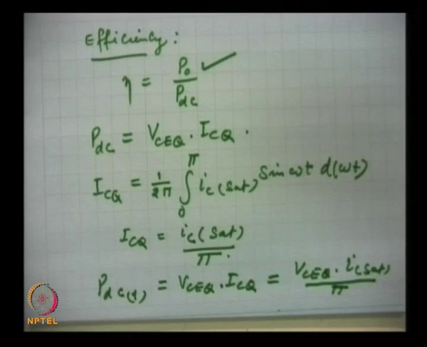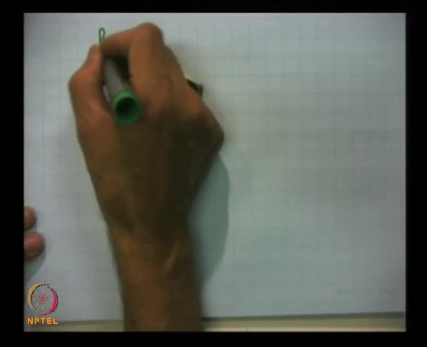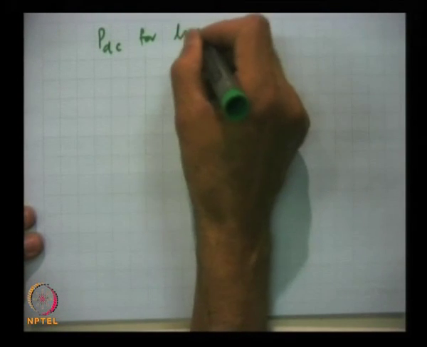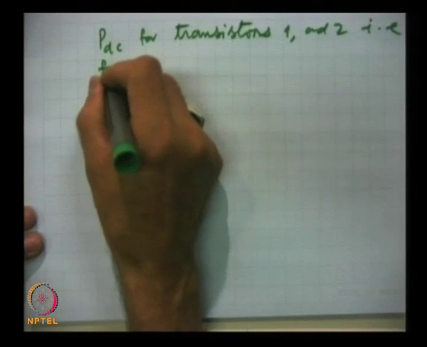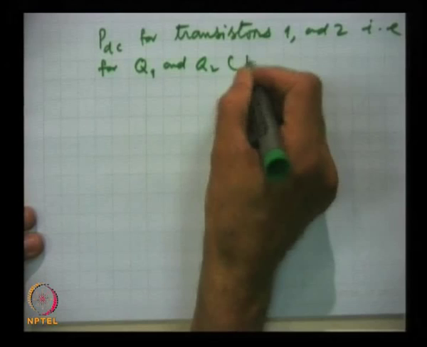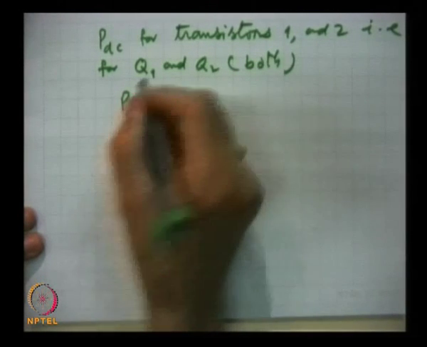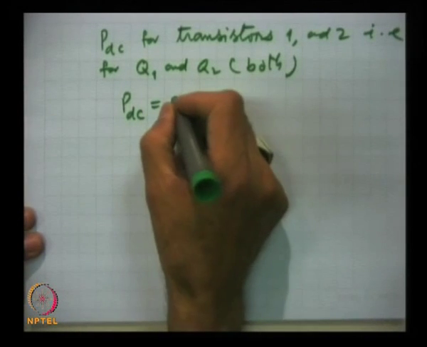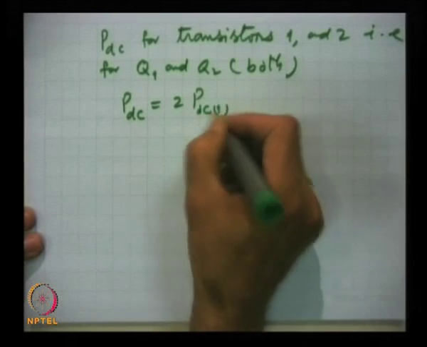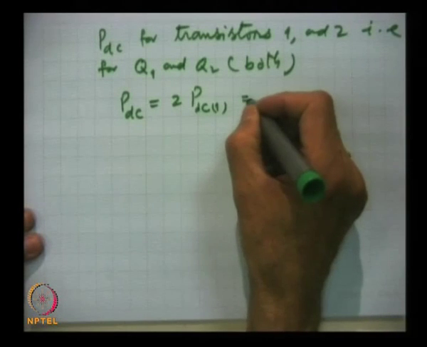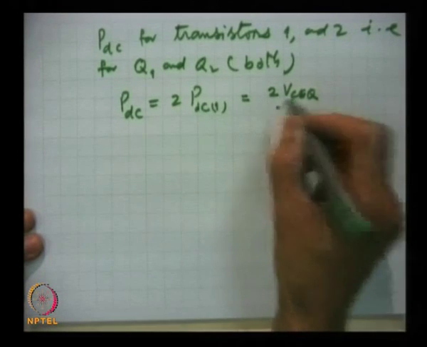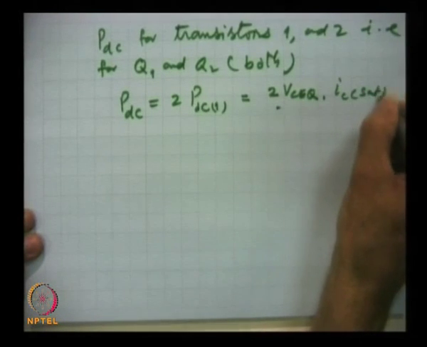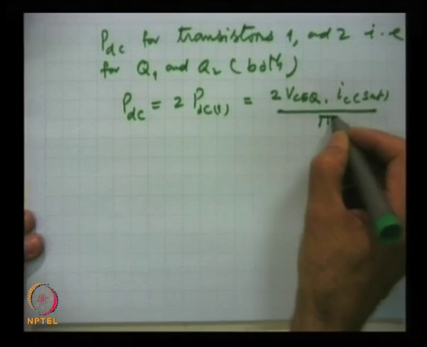Similarly, there will be an expression for the second transistor, and therefore PDC for transistors 1 and 2, that is for Q1 and Q2 both, PDC will be double of PDC 1 which we have calculated, and this is 2 VCEQ into IC set by pi.